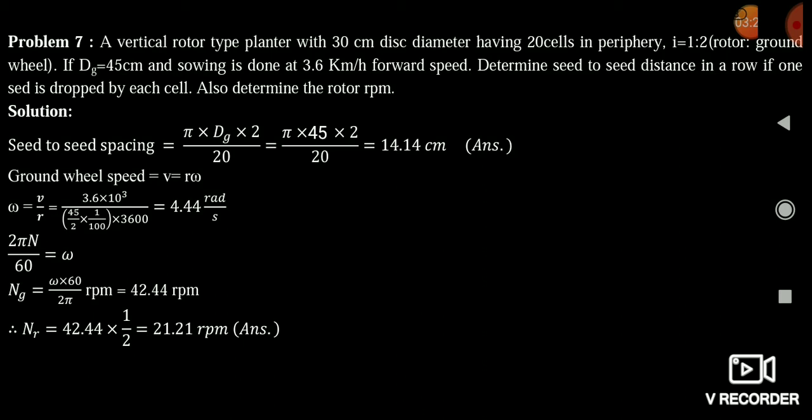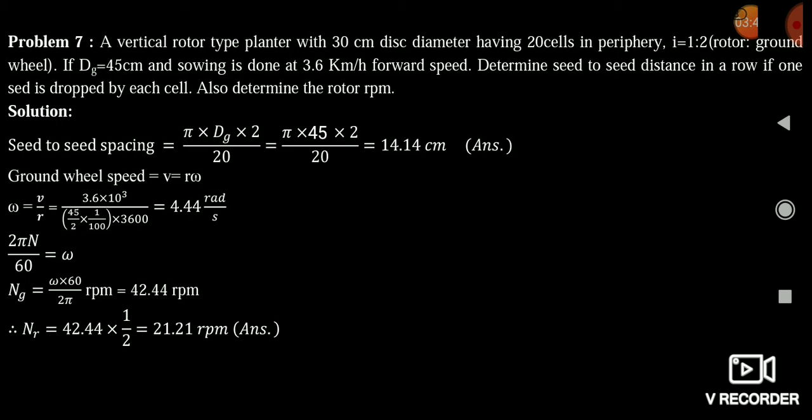So friends, suppose our rotor will rotate one time. Means if it will rotate one time, then the length it has covered is pi d n. Means pi d n, here n value is 1.